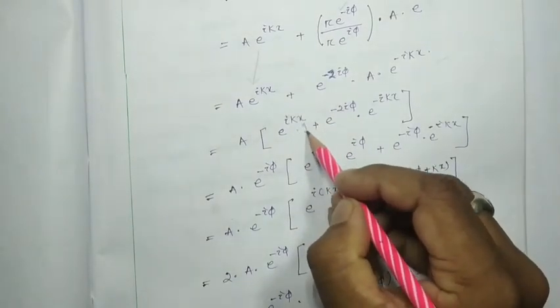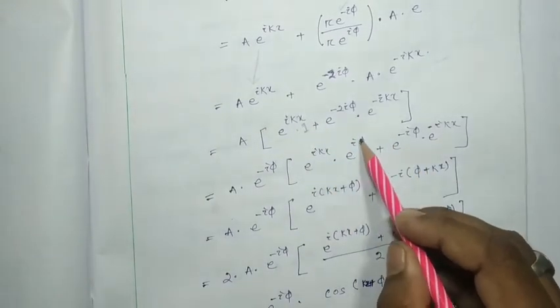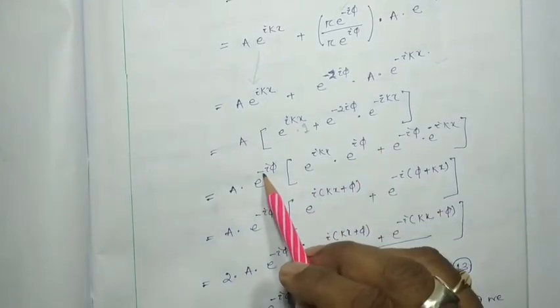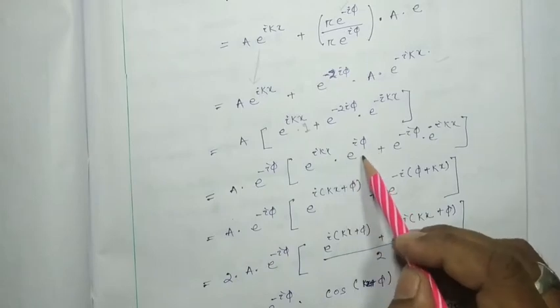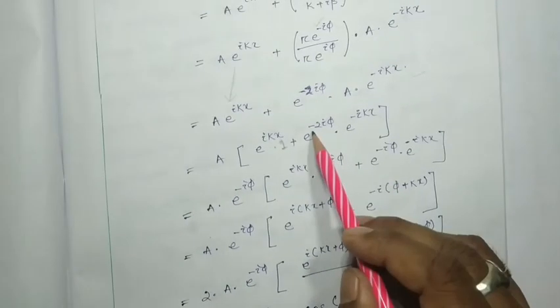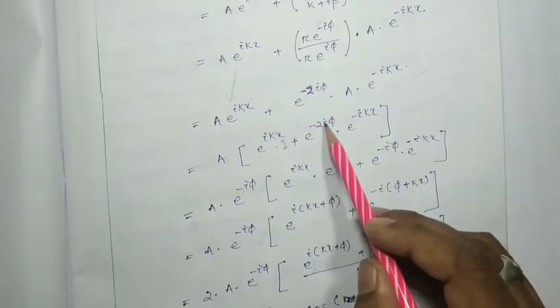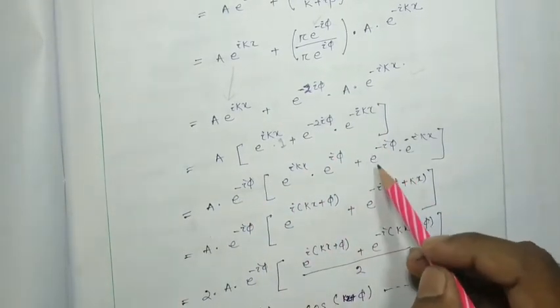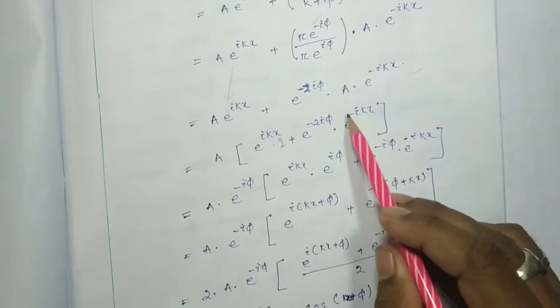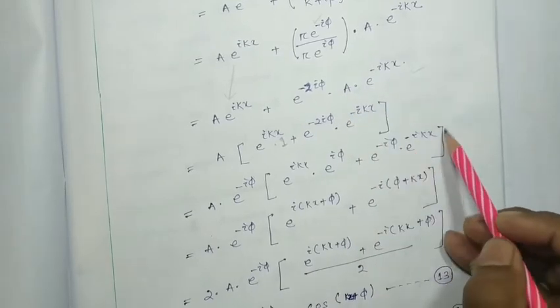Okay. So instead of 1, I can write e to the power i phi into e to the power minus i phi. So if I take e to the power minus i phi common, only e to the power i phi will be there, plus here minus 2 i phi; minus i phi is taken outside, so another e to the minus i phi will be written here, into e to the minus ikx, bracket closed.